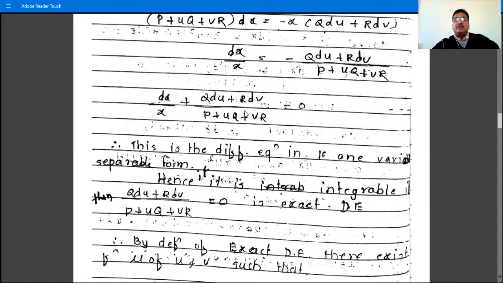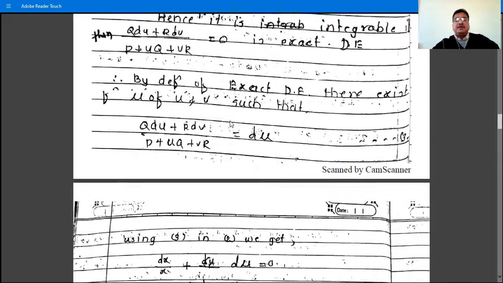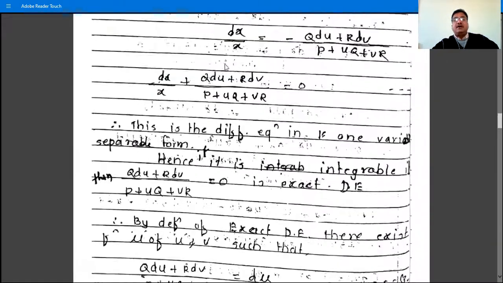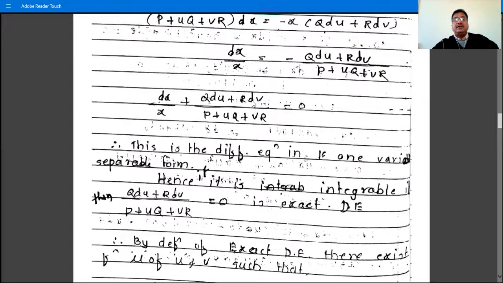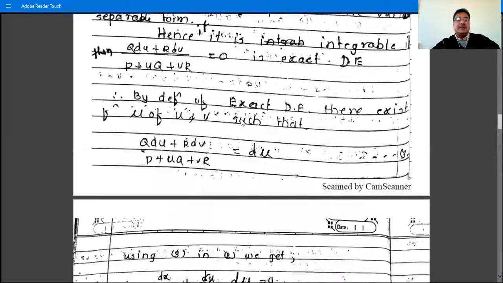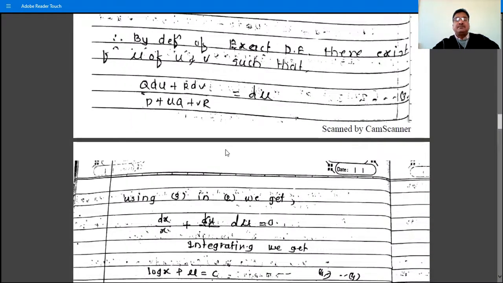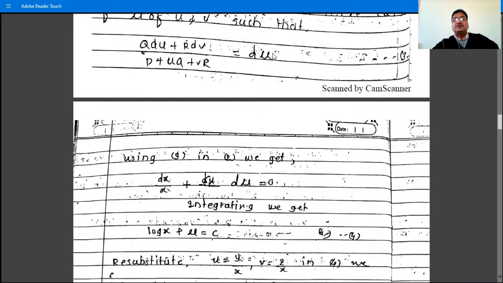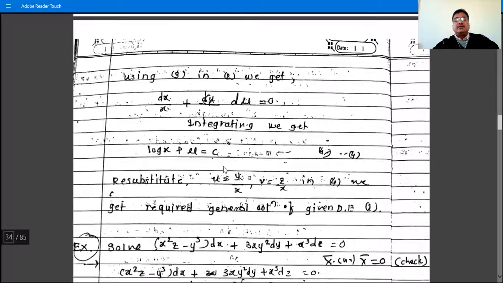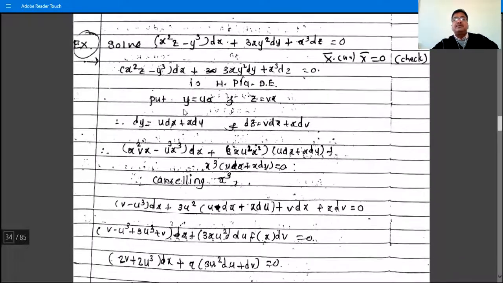Then integrating, after integration we get this, and after separating the x variable, the remaining part in du and dv is an exact differential equation. That's why it is the derivative of some function. So determine that function. Suppose mu is the function. So this is the theory, and the problems are these.